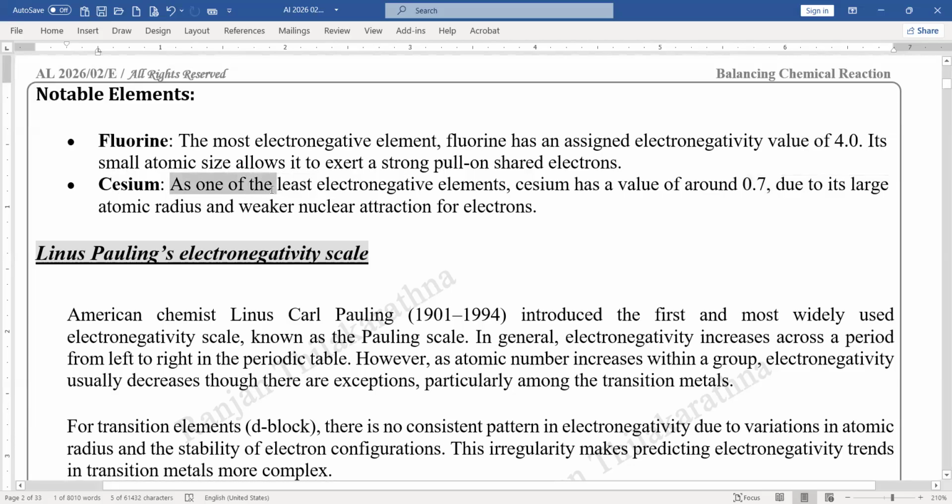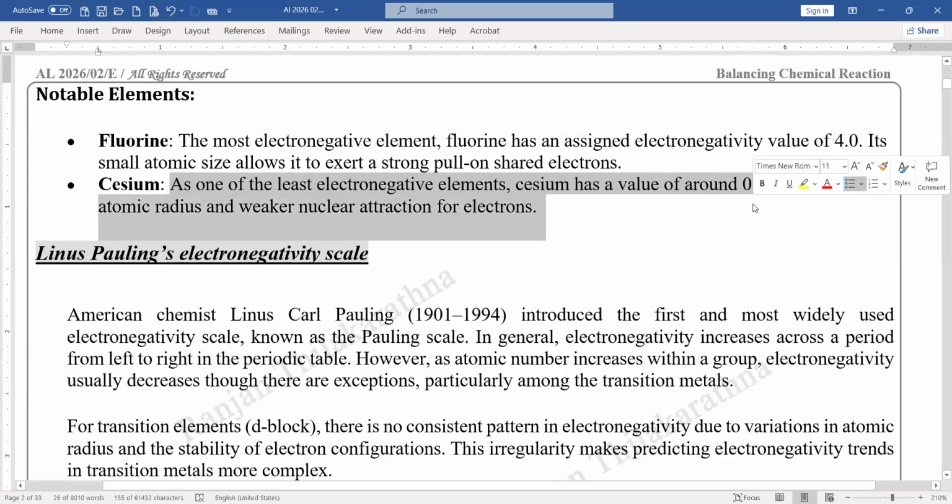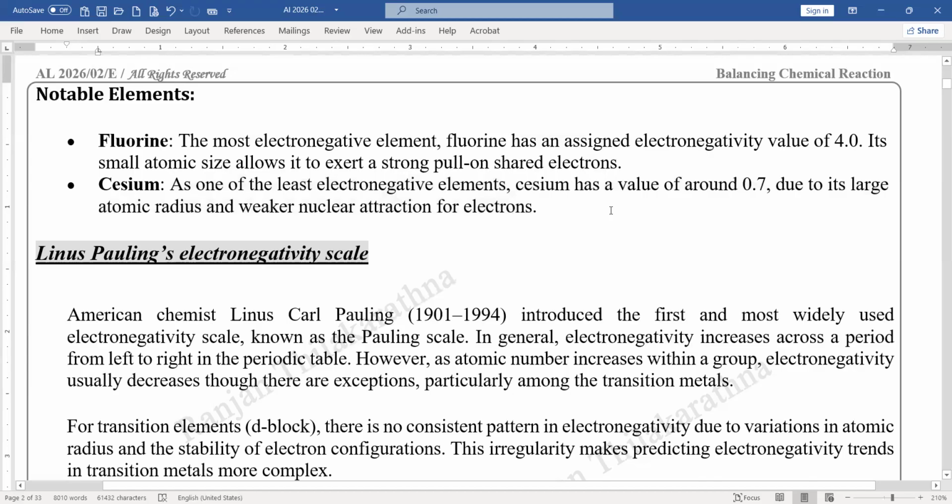As one of the least electronegative elements, cesium has a value of 0.7 due to its large atomic radius and weaker nuclear attraction of electrons.